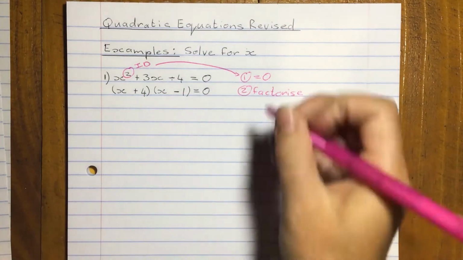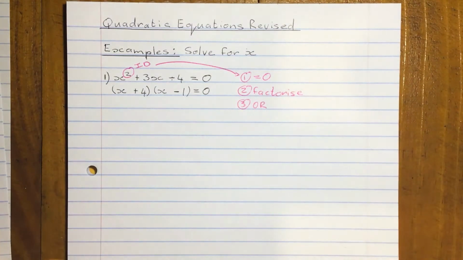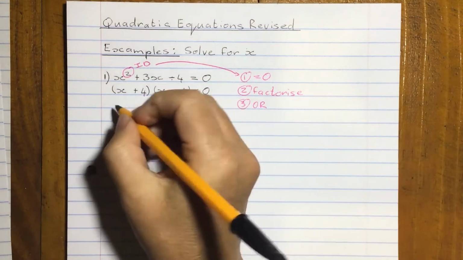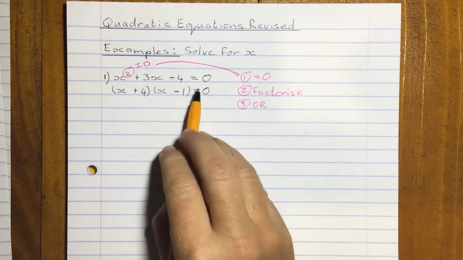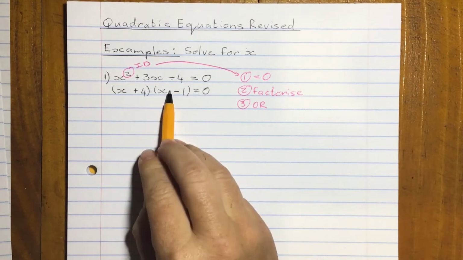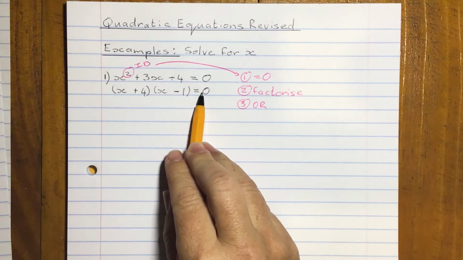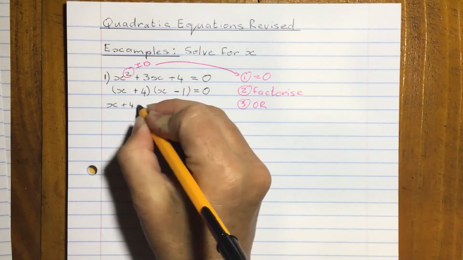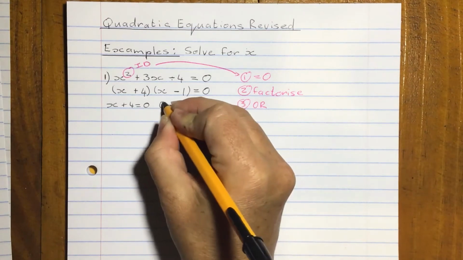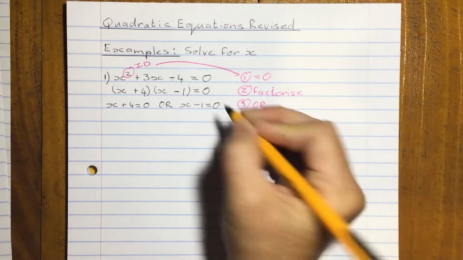The third step is your OR, where you're going to say, well, if this times this is equal to 0, one of these binomials should be equal to 0. So either x plus 4 is equal to 0 or x minus 1 is equal to 0.